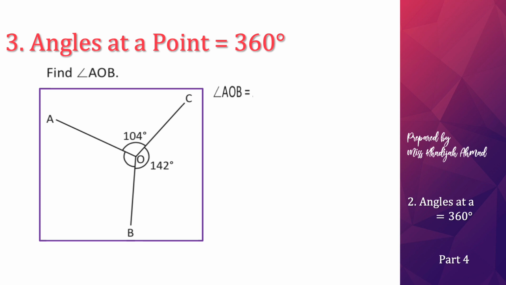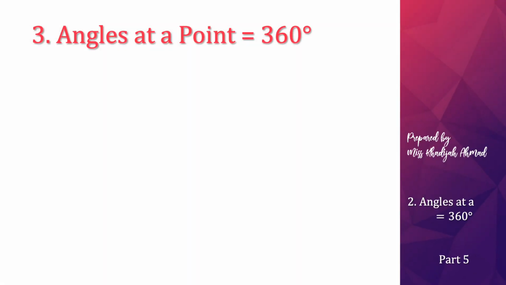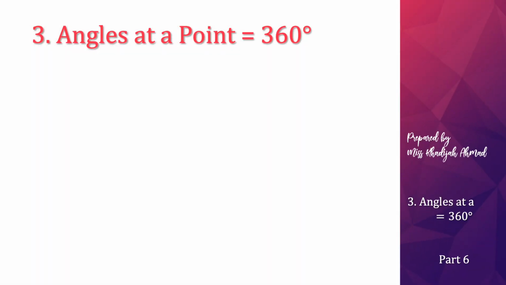So our angle AOB is equal to 360 degrees minus 104 degrees minus 142 degrees, which equals 114 degrees. I am going to do one more example, and I will leave you to do the rest.